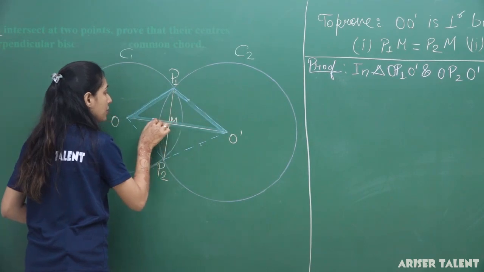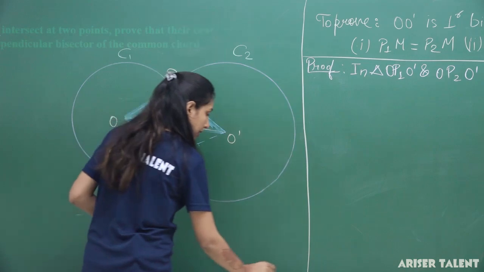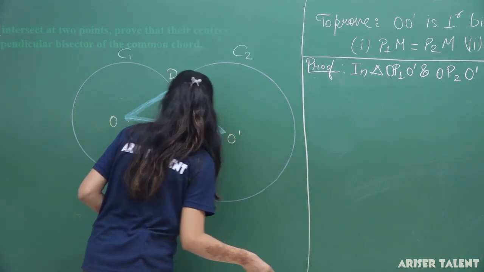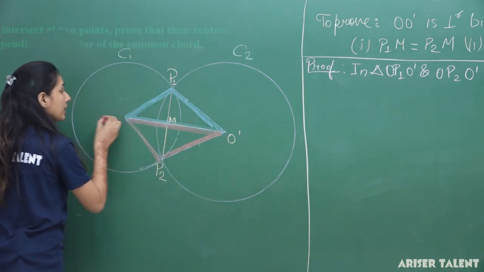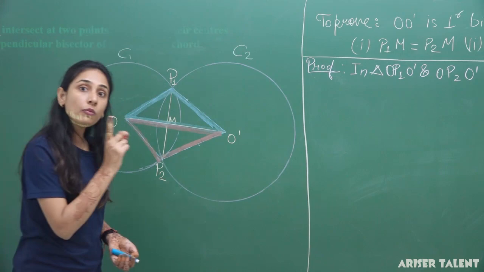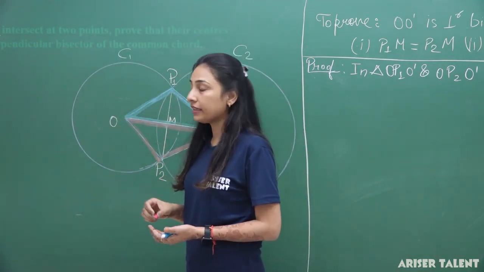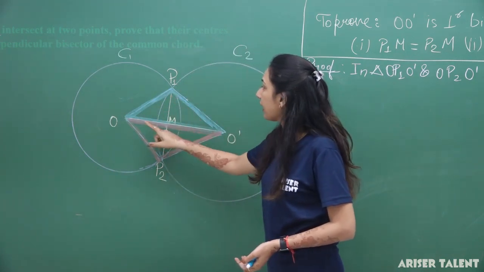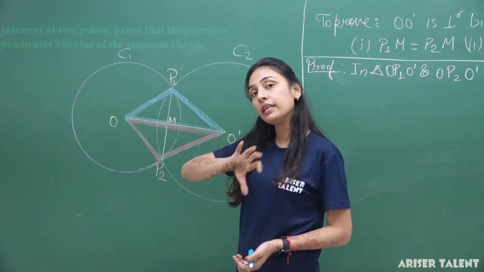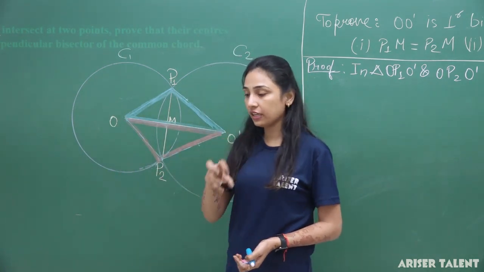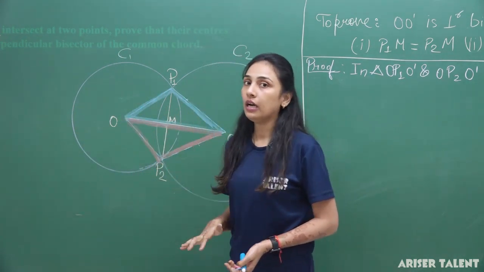This is the one triangle I am taking, and the second one is this. These two triangles I am taking, and I am going to prove them congruent. This is the basic strategy, and after that I will take this triangle and this triangle. I am again going to prove them congruent, and based on that, I will prove the above mentioned thing.